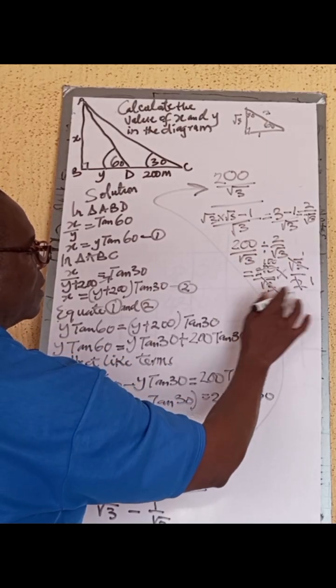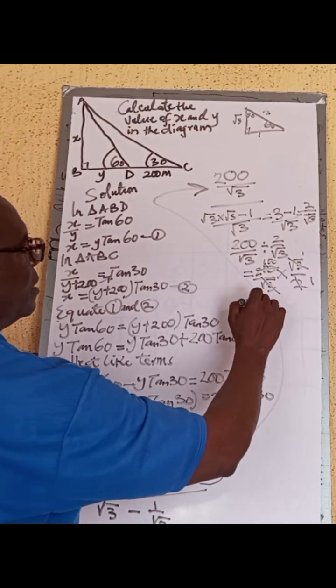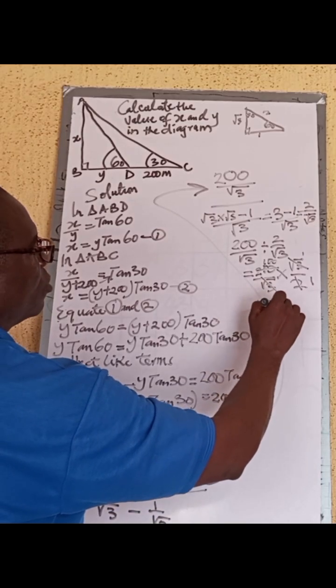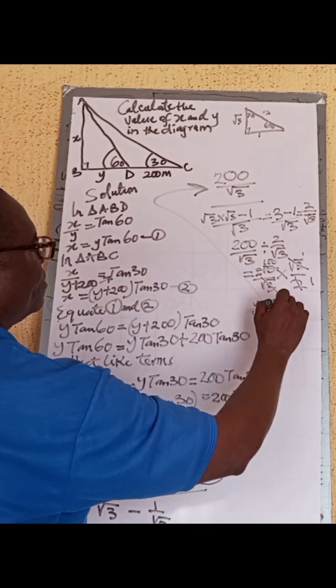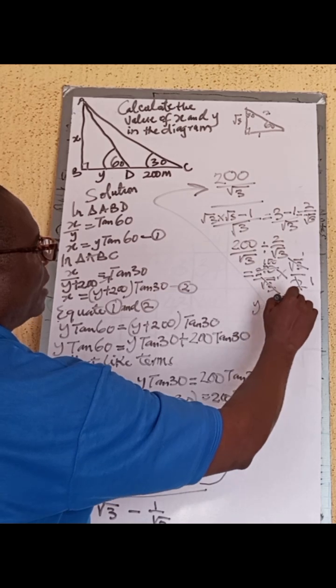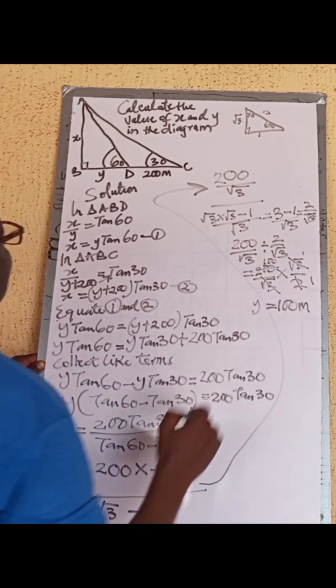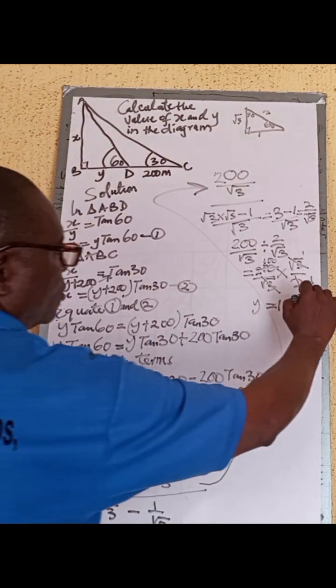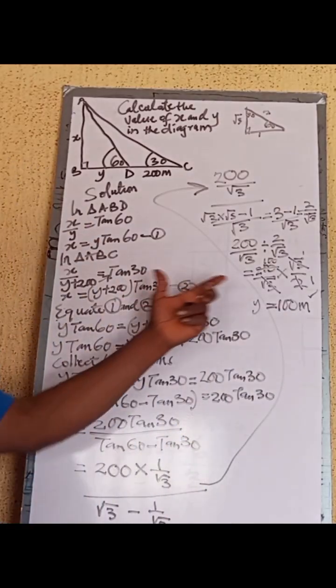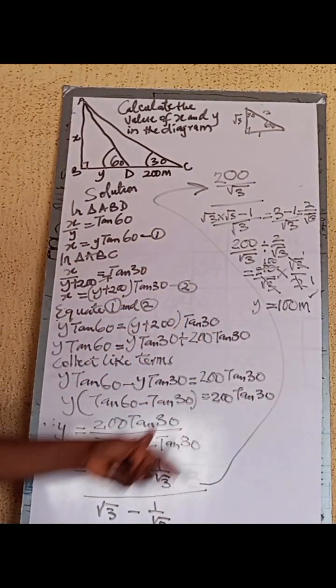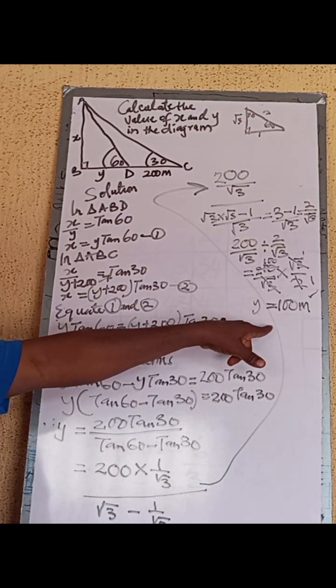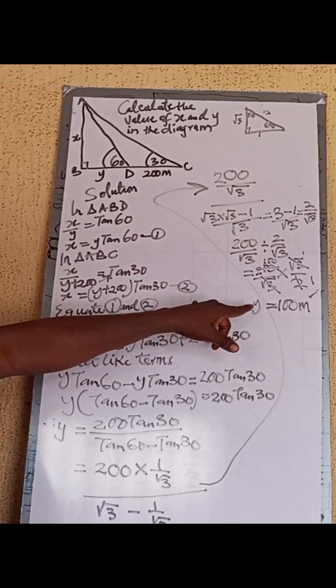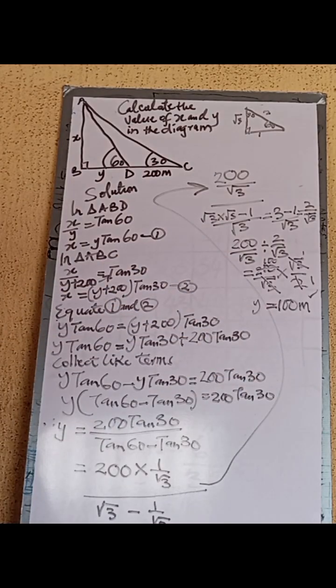So our y now is equal to 100 meters. From here, if you use a calculator, you're going to get 99.9. But if you use the short form, you're going to arrive at 100 meters.